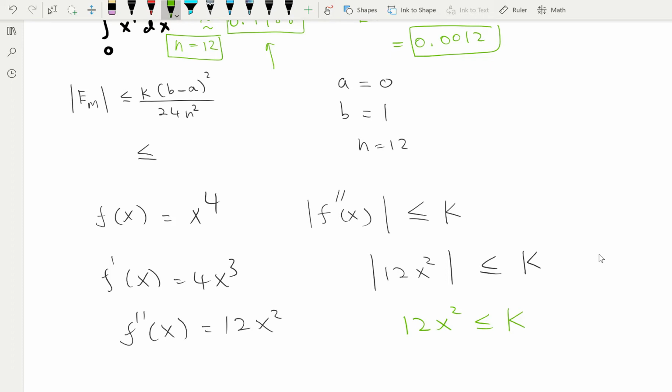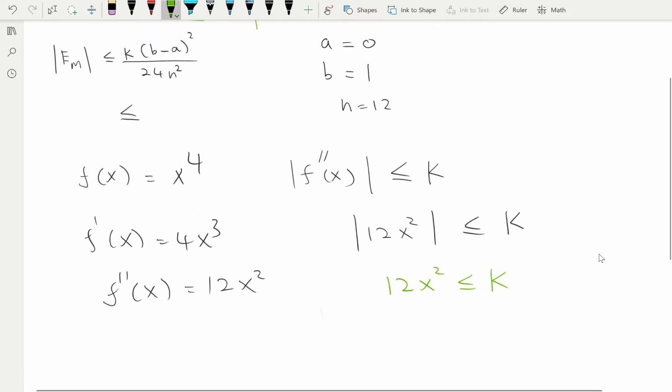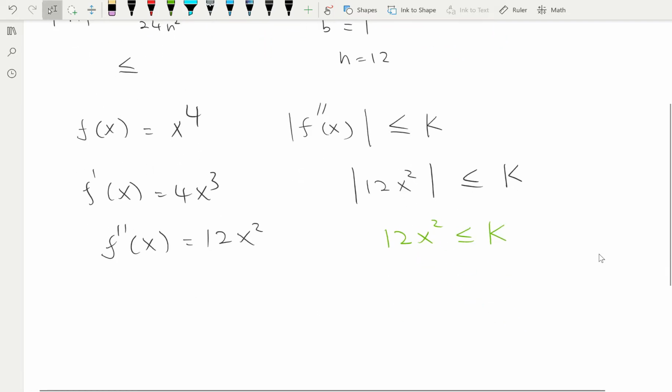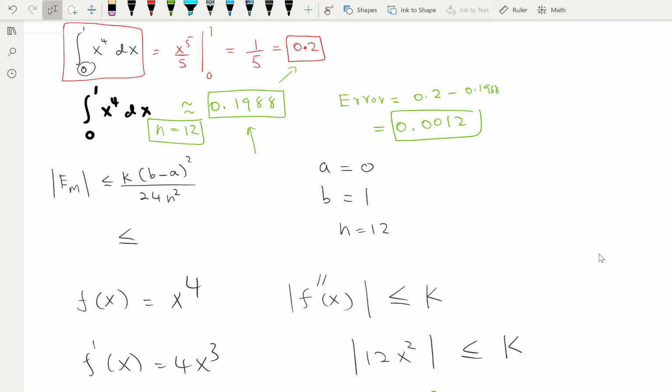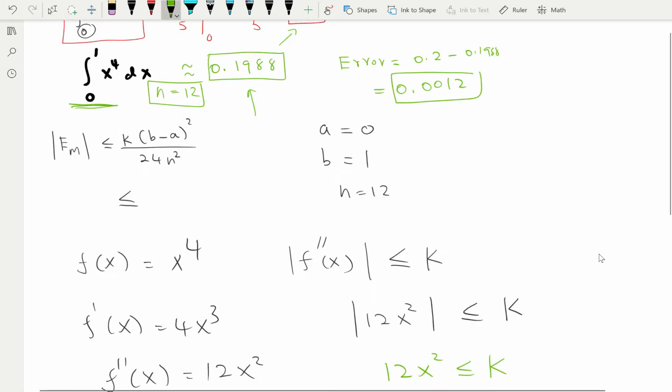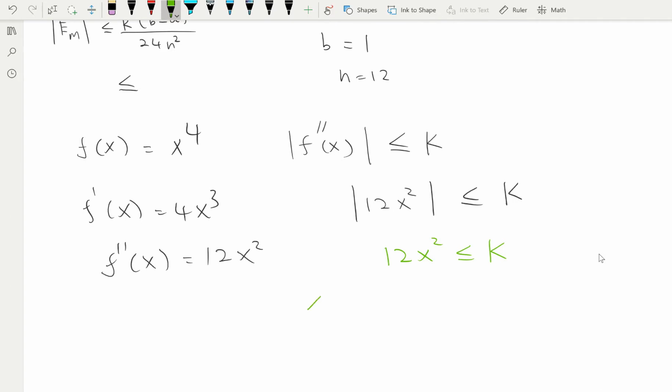How do I know the maximum? Well, we don't need the maximum everywhere. We only care about the x values that are between 0 and 1, because you are integrating between 0 and 1 here. So that's crucial: the x values that we are working with are between 0 and 1.